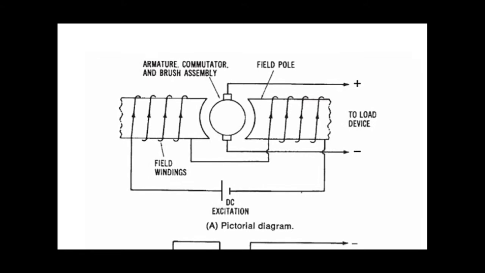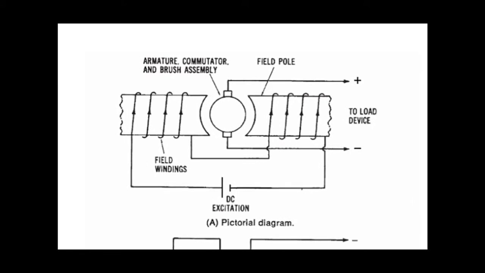The field winding is supplied with a different DC source, and the armature winding is connected to the load.